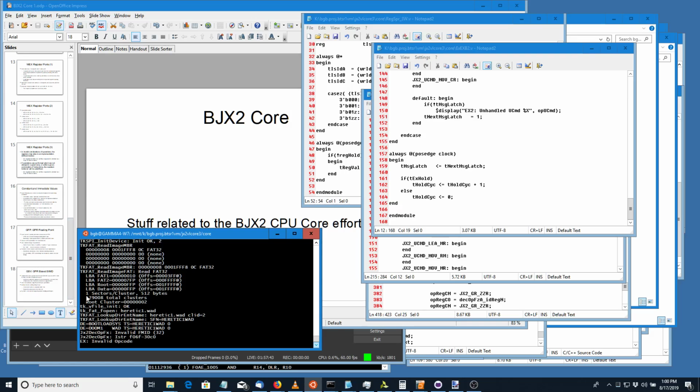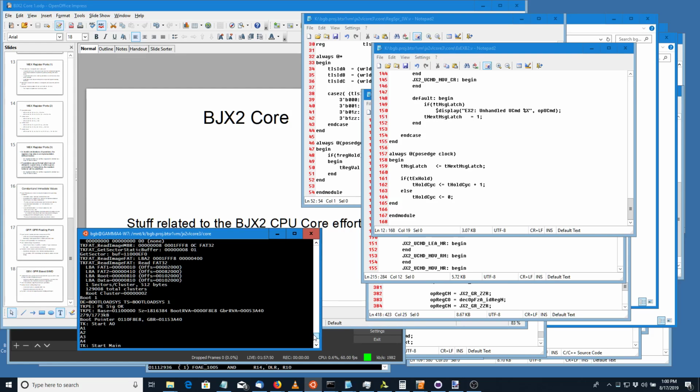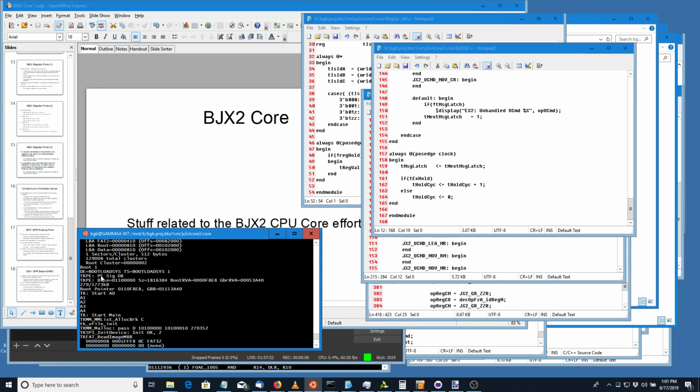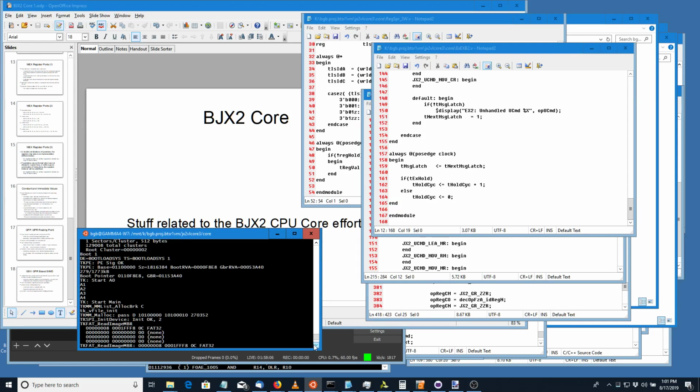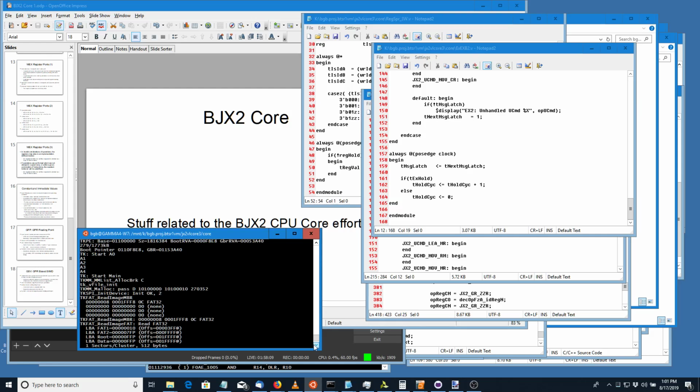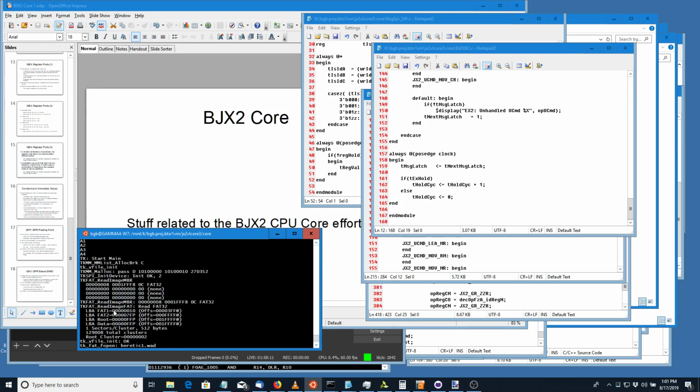Okay, so what happened here when I was not looking at it is, it got through the boot process in the Verilog simulation, and then it started booting up Doom to do its Doom thing, where the Doom gun did the fat thing, which has a bug, and I'm not going to figure out what's going on there yet.